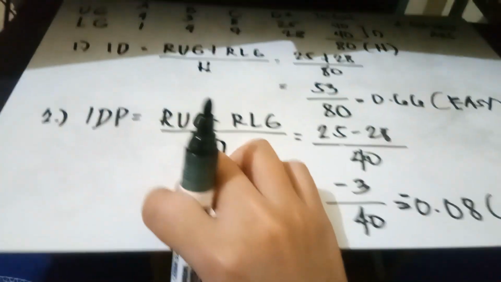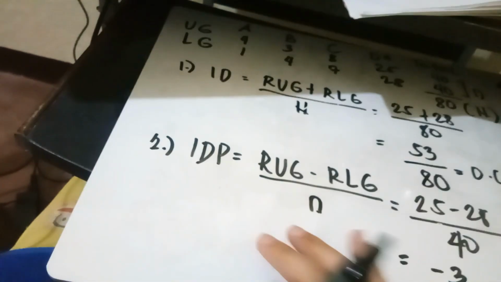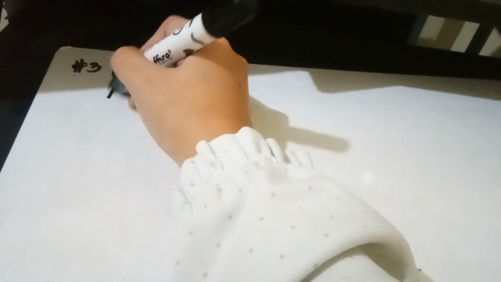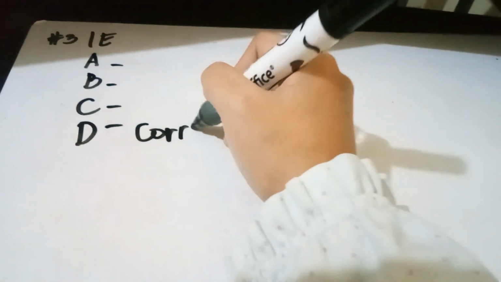Next, let's have number 3. There's no computation in number 3. For number 3, effectiveness of distractor, IE. Our correct answer is letter D. So, A, B, C, and then D. This is the correct answer.